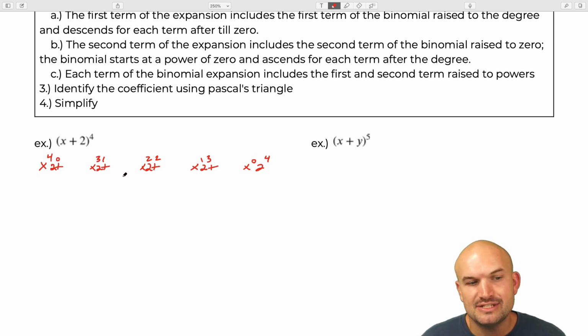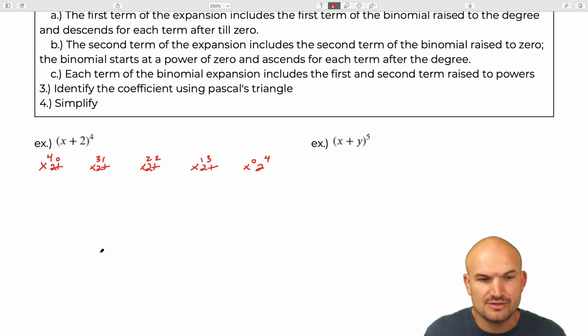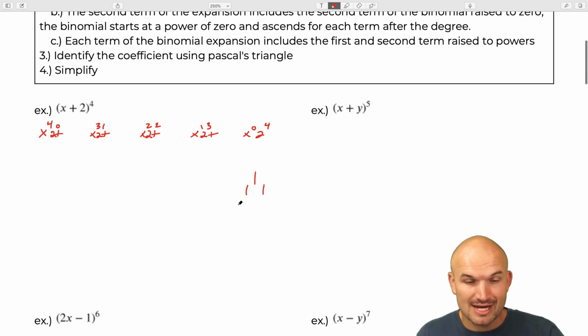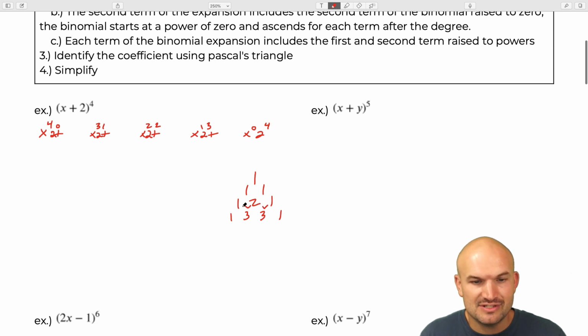The last thing we need to cover is our coefficients, and that's where Pascal's triangle comes into play. Looking at our guided notes, let's write this as 1. That's your base triangle. Then as we get into a quadratic, a cubic, you can just add these values: 1 plus 2 is 3, 2 plus 1 is 3, and you can keep doing that to get to more and more rows.